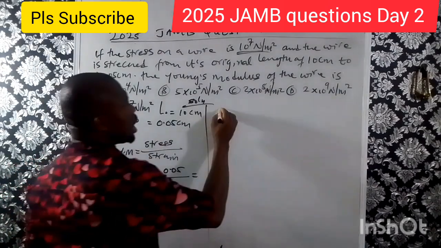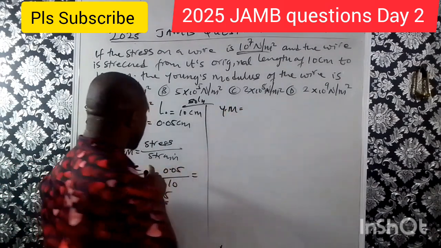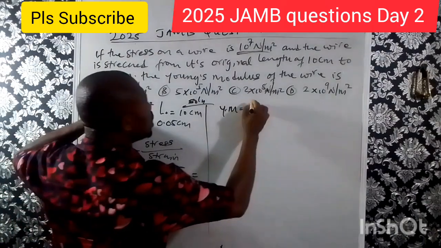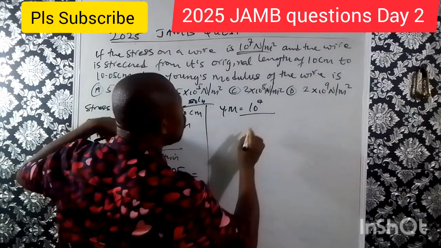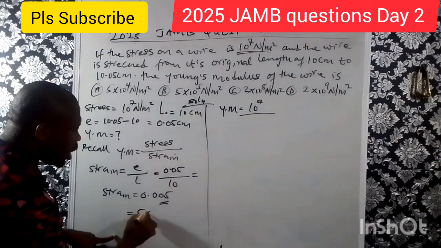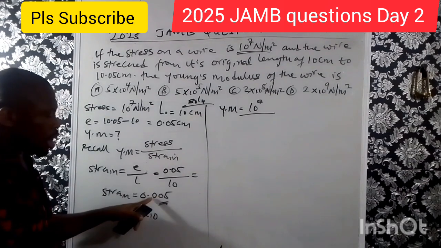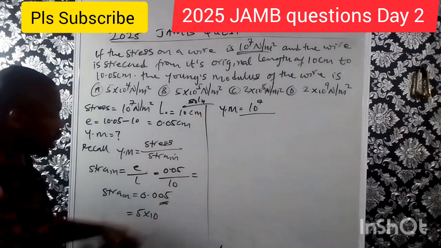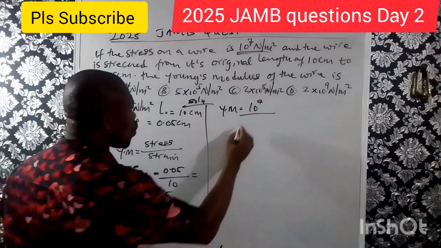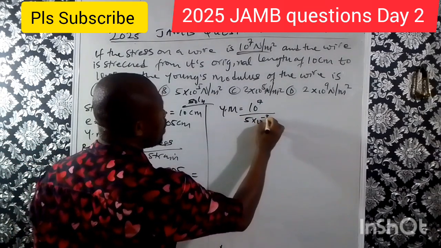So we now say that the Young's modulus is stress over strain. The stress is 10 raised to power 7 all over this one, which you can still convert to standard form, which will give us 5 times 10 raised to power, if you shift this, 1, 2, 3, minus 3. So we have 5 times 10 raised to power minus 3.